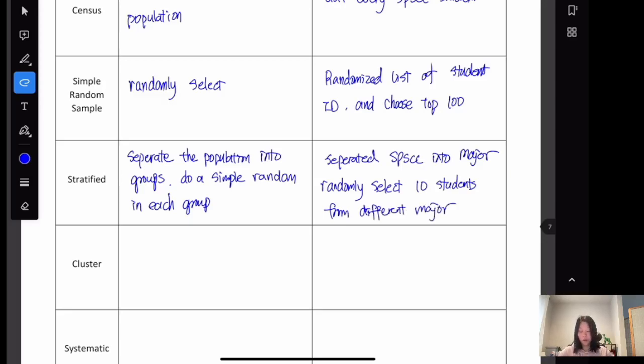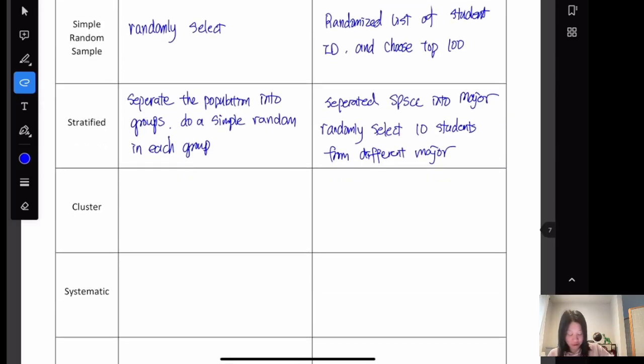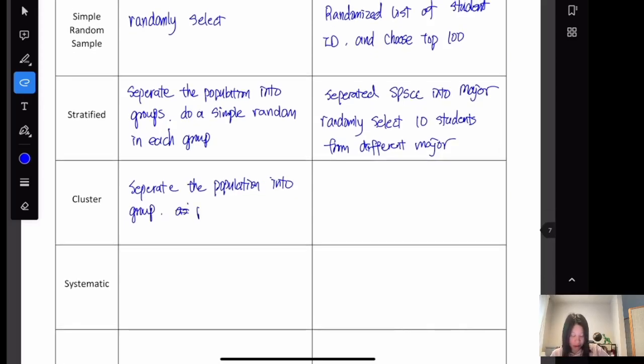Okay, another one is called cluster. For cluster, we start with the same step, which is we separate students into groups. And then after that, we pick some groups and ask everyone in those groups that we picked.